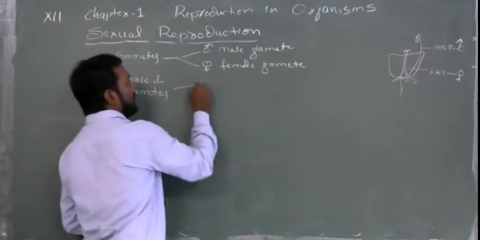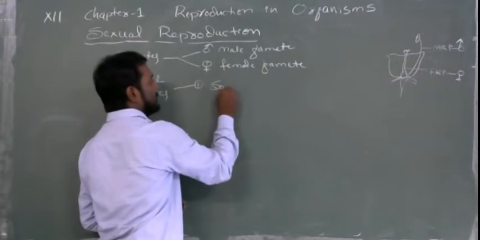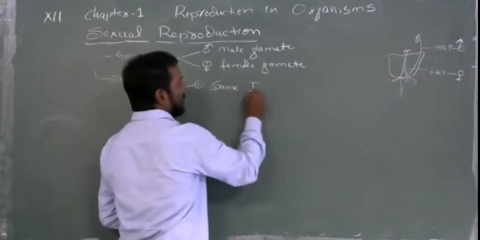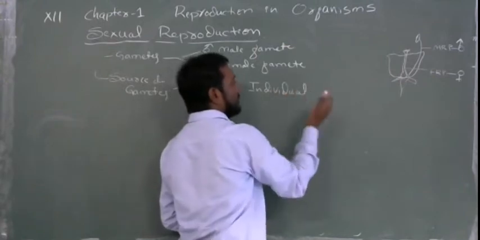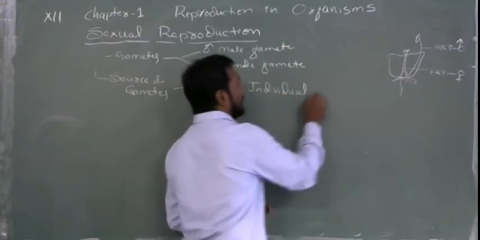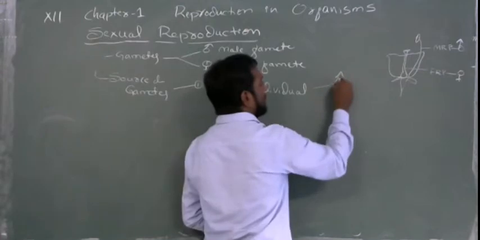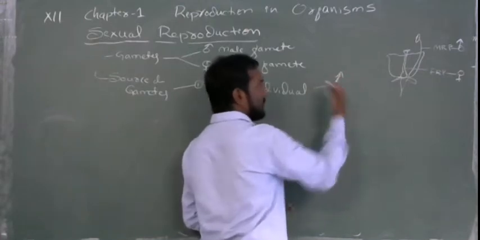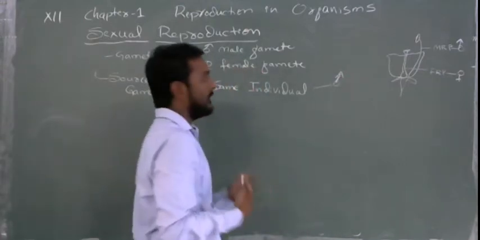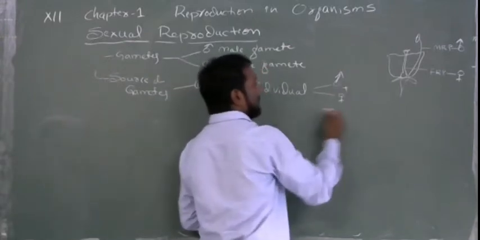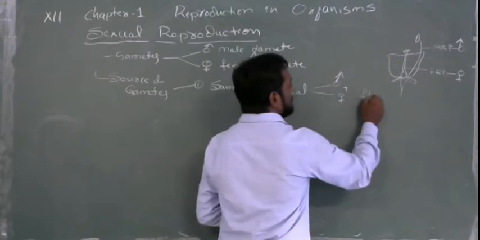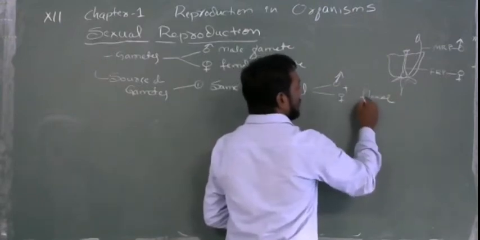One, it can be the same individual that has the capacity to give rise to such gametes. The same individual can give the male gamete, which resembles an arrow mark on a circle, or the female gamete. Both can be given by the same individual. Example is the flower or earthworm.